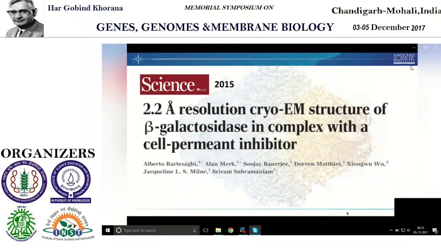Although we've been working on cryo-EM for some time, with the development of new detectors we essentially showed in 2015, that's 2 years ago, that one could begin to use cryo-EM methods to go past what many of us thought would be a sound barrier for cryo-EM technology, which is about 3.5 angstrom. We showed that we could get to these really high resolutions where you can actually visualize densities with side chains directly.